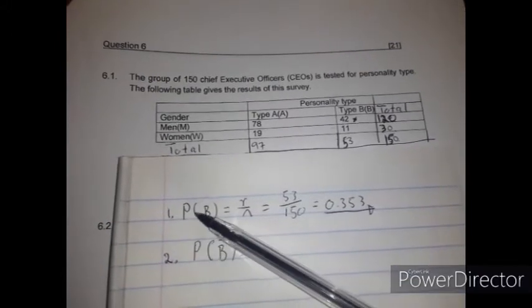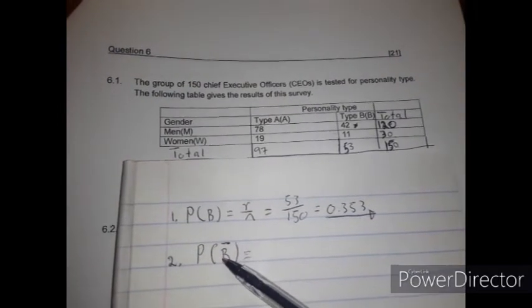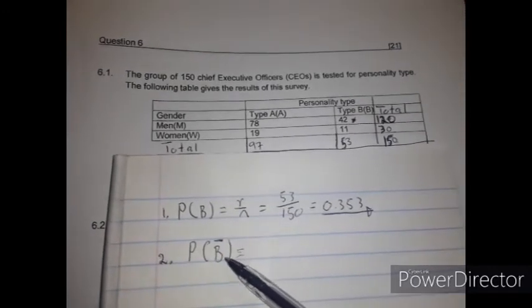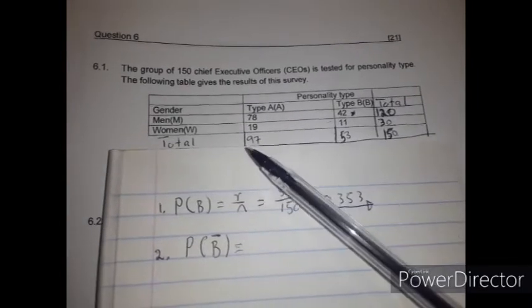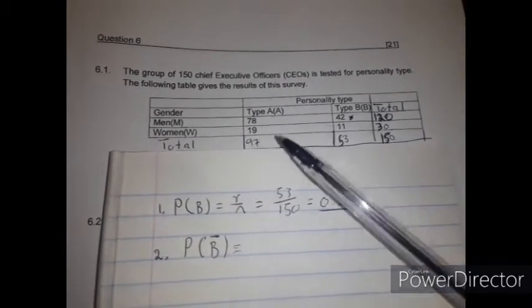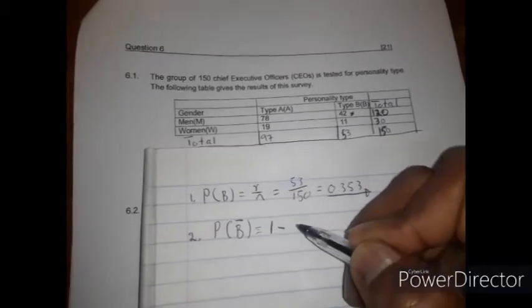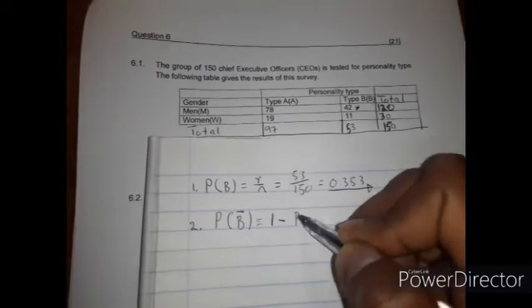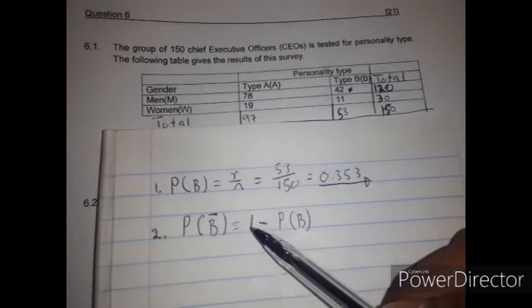On the first question, we wanted the probability of type B. But here on question 2, this bar means we don't want the probability of type B, which means we want the probability of type A. But there's a formula to calculate that, which is 1 minus the probability of type B.